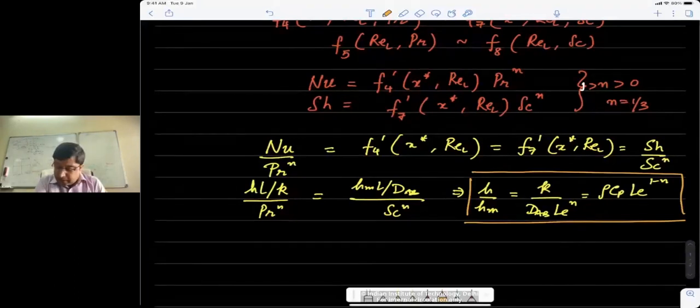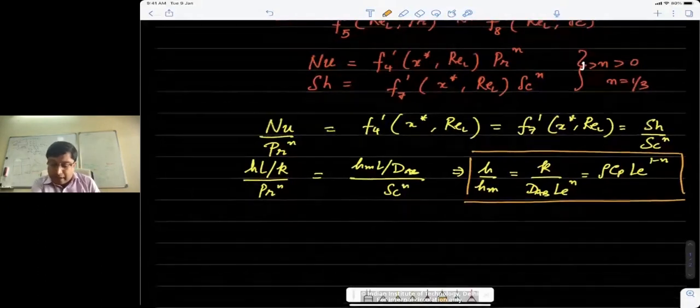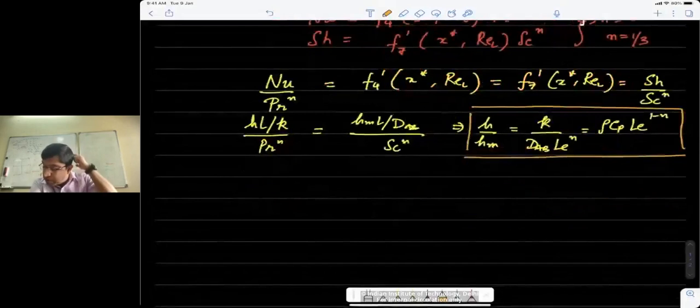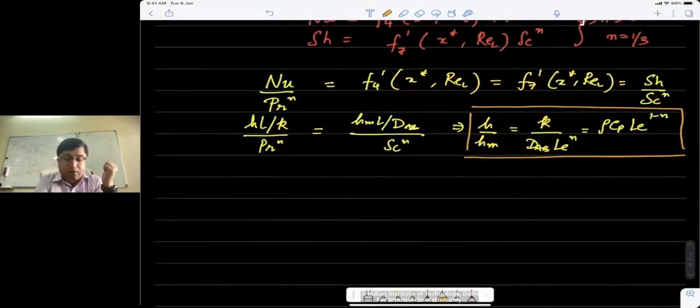There is an application of this that we are going to discuss now, on how this kind of result can be very helpful if you are trying to solve a problem where both heat and mass transfer are taking place.